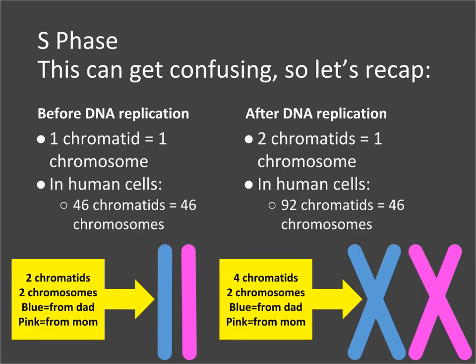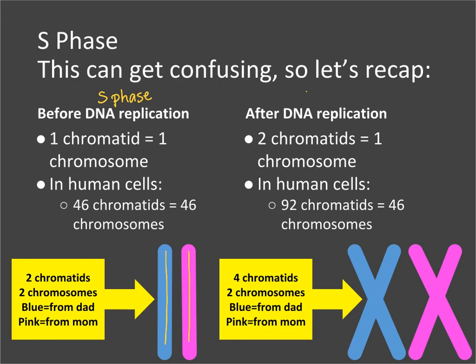All right, so this can get confusing, so let's do a quick recap. Remember that before DNA replication, before the S phase, each chromosome is only made up of one chromatid. You get one chromosome from your dad and one from your mom. So in a human cell, you would see 46 chromosomes, and each chromosome would just be called a single chromatid.